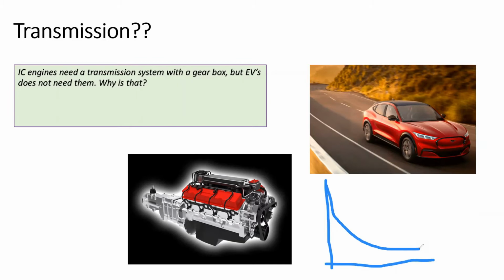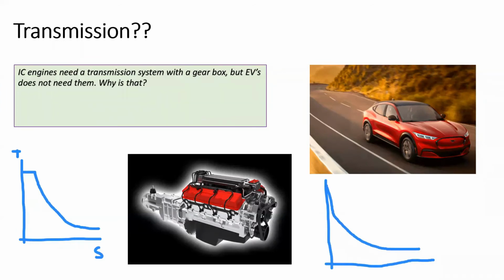I'll come back to this one again. But before that, if we go to an electric motor, how its traction or torque is delivered looks like this. Speed is like this, and tractive force is like this. It creates the maximum torque at lowest RPM, so this graph is very similar to the earlier one, with a small gap here.